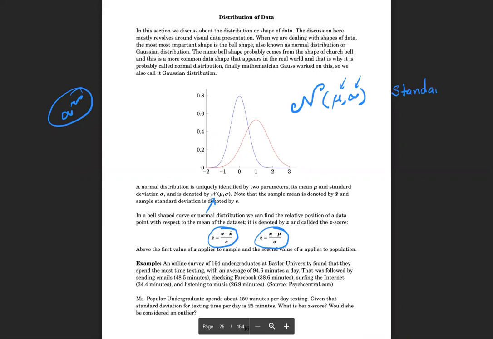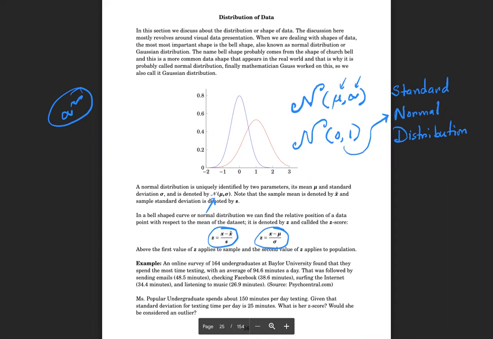Standard normal distribution. What is standard normal distribution? If you have a normal distribution with a mean of 0 and variance of 1, or standard deviation of 1, we call it standard normal distribution.